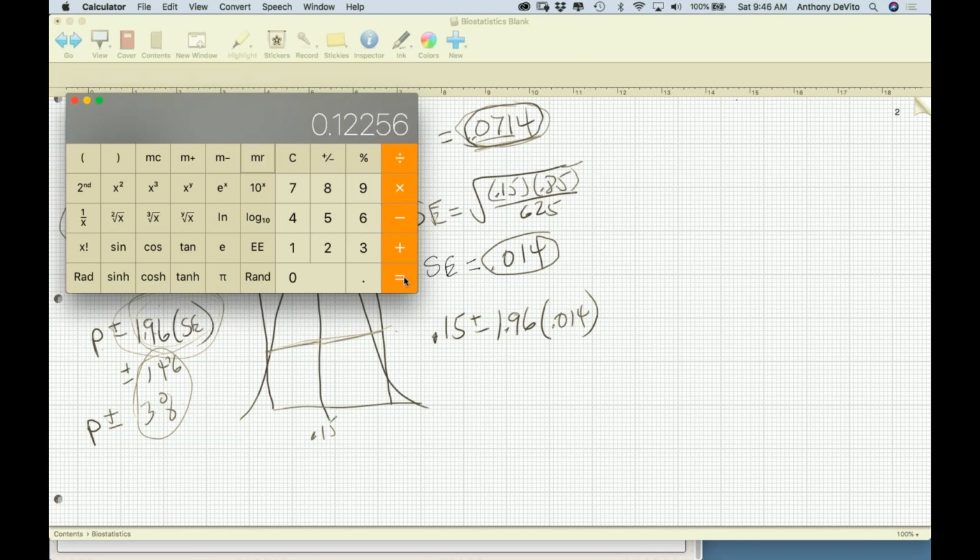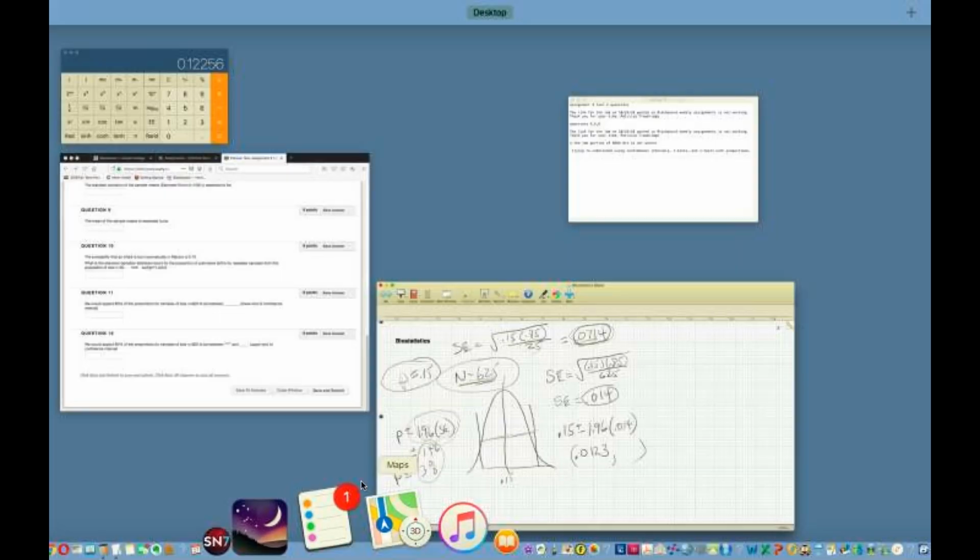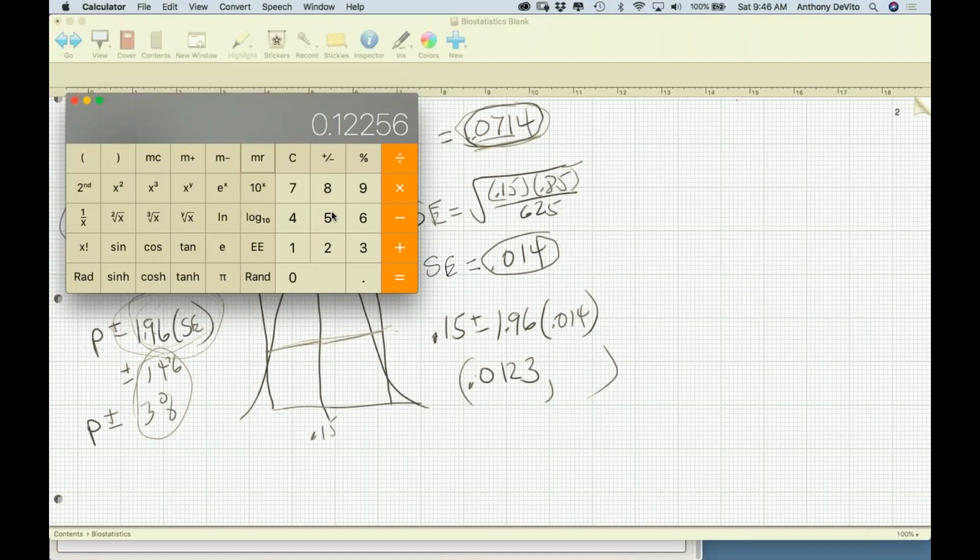It's going to be 0.123. It's going to be the lower range, and the upper range is going to be 0.15 plus my margin of error, which is going to be 0.177.